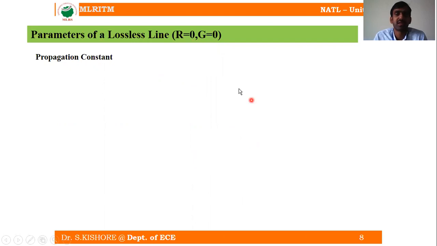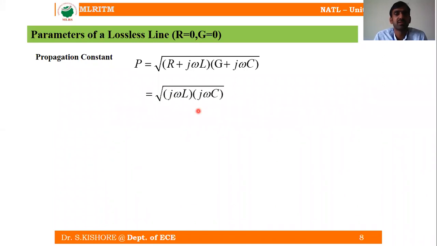We have already derived the expression for the propagation constant, that is gamma equal to alpha plus j beta, which is equal to root over (R plus j omega L) into (G plus j omega C). Now substituting the lossless line conditions, R equal to 0 and G equal to 0, we are going to have root over j omega L into j omega C, which is equal to minus omega square LC.